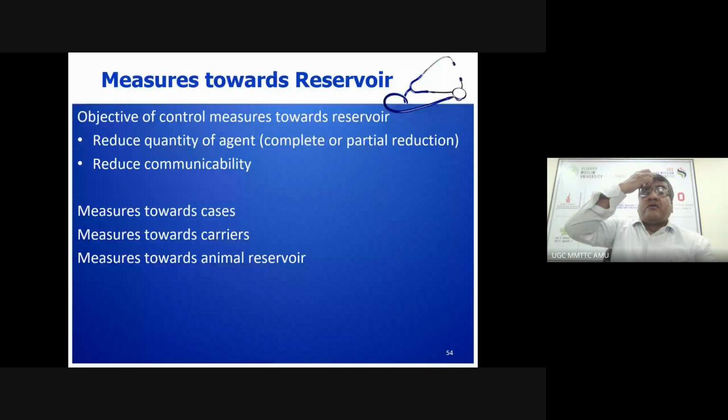Now, these are the measures toward the reservoirs. The objective of control measure toward the reservoir is to reduce quantity of the agent or reduce communicability. दो objective हैं. How? By taking measures toward the cases, toward the carrier, and toward the animal reservoir.